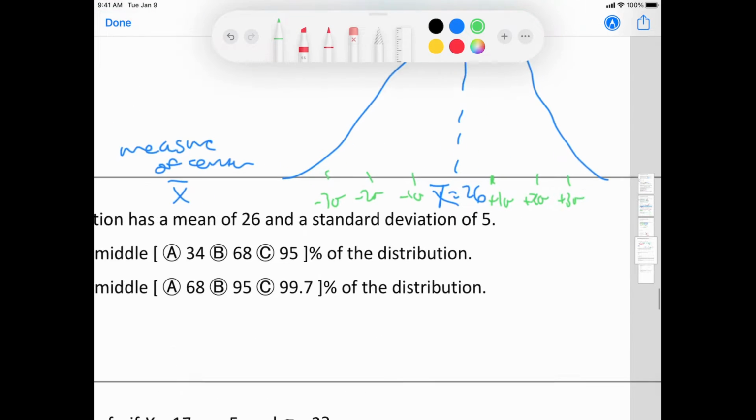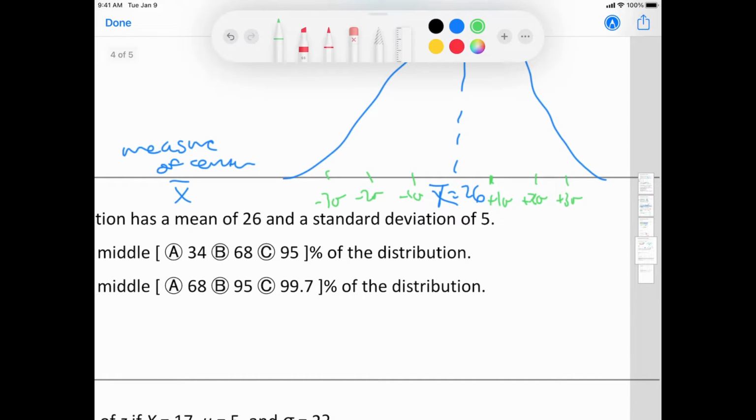Well, if the standard deviation is 5, you're just adding 5 here. 2 standard deviations, so 2 times 5 would give me plus 10, and this would be plus 15. And then you're just subtracting here. So that would represent 26 plus 5, which is 31. 26 plus 10 is 36.